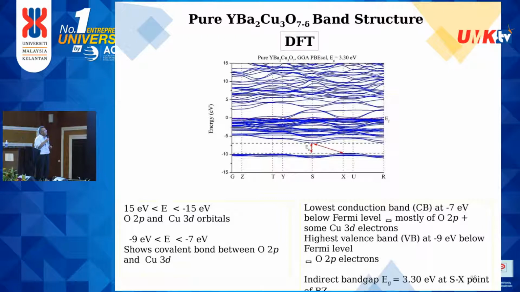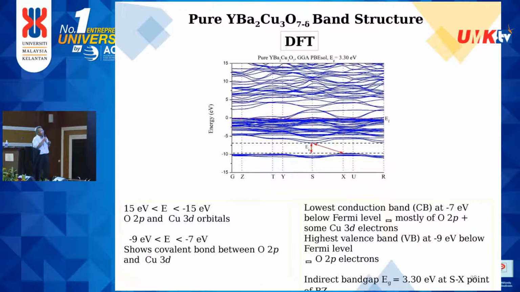So this one is the band structure using DFT. So we see that at E between negative 15 electron volt to 15 electron volt, due to oxygen 2p and copper 3d orbitals, and at E between negative 9 electron volt to negative 7 electron volt shows covalent bond between O2p and copper 3d.